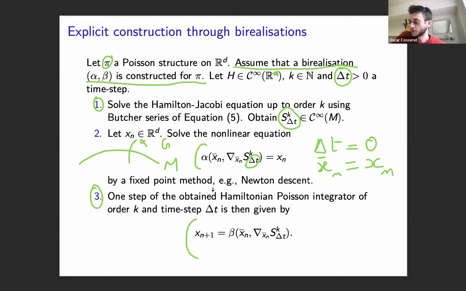But that's a general comment in numerical analysis: if you want your numerical method to preserve something, or to have some nice geometric features, generically speaking, your numerical method will be implicit.